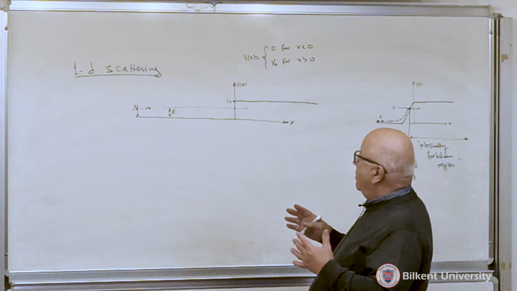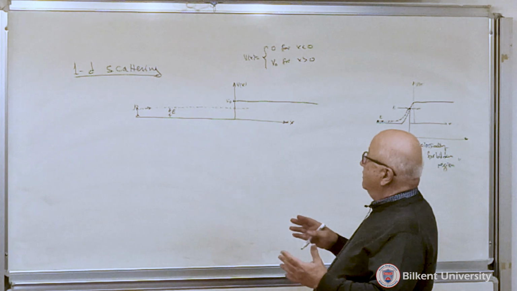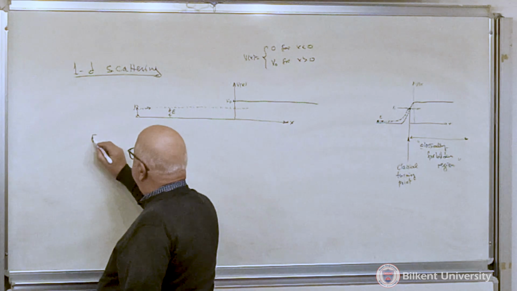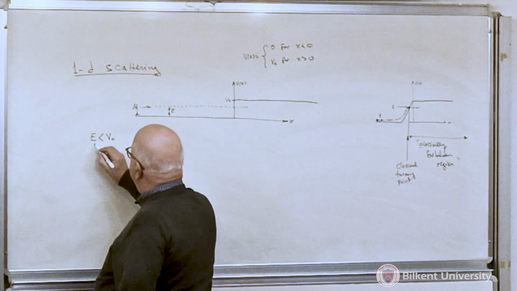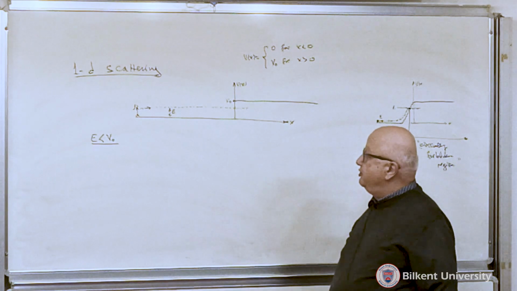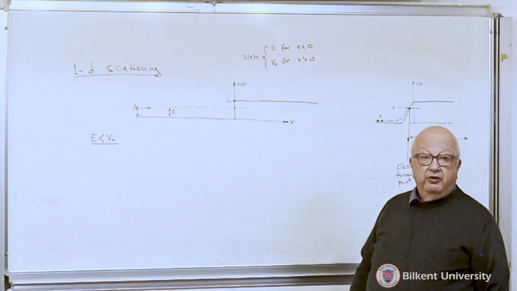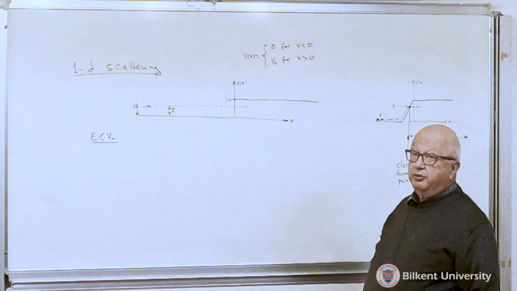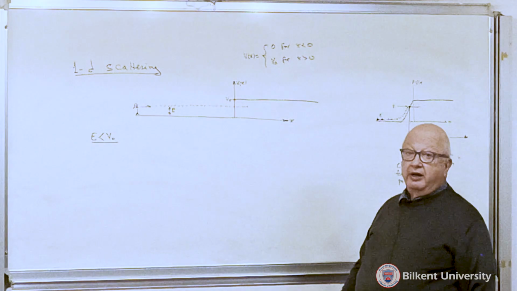So the problem we have to solve in two versions. Let's first look at the case when E is less than V0. So these particles are being shot towards the right with an energy which is less than V0, less than the height of the barrier.